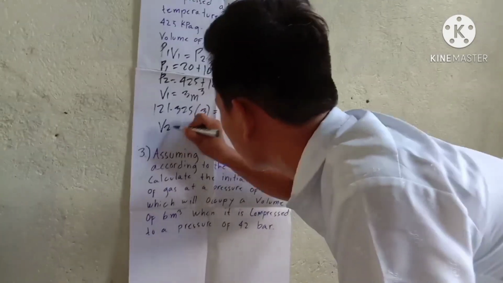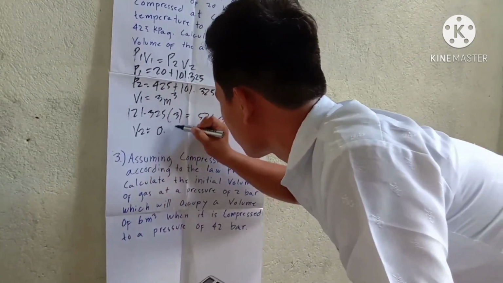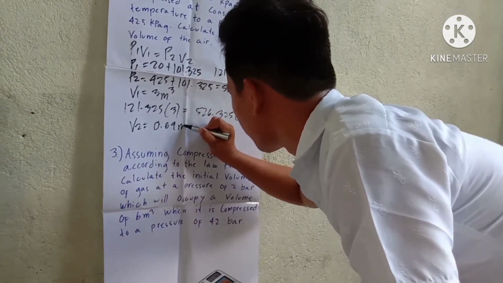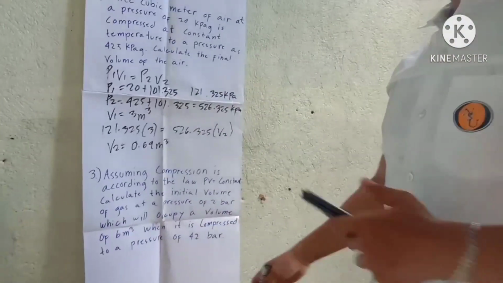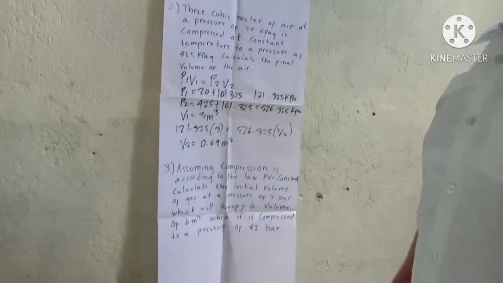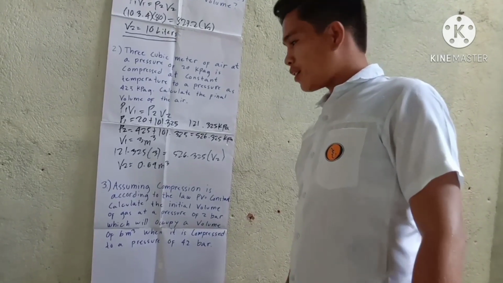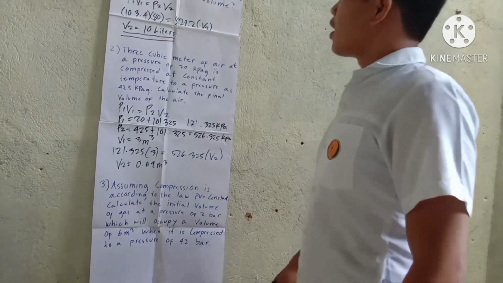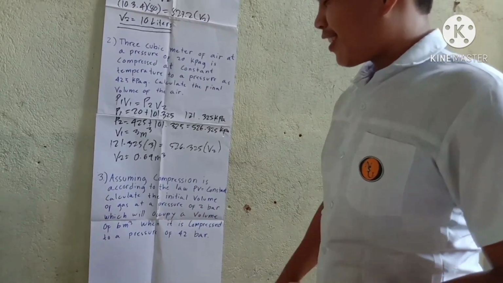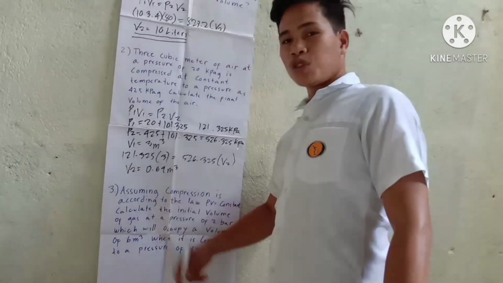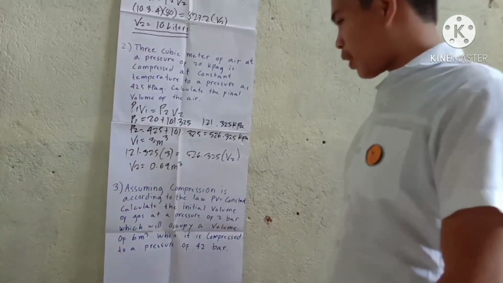So V2 equals 0.69 meter cube. Then this time we proceed to problem number 3.